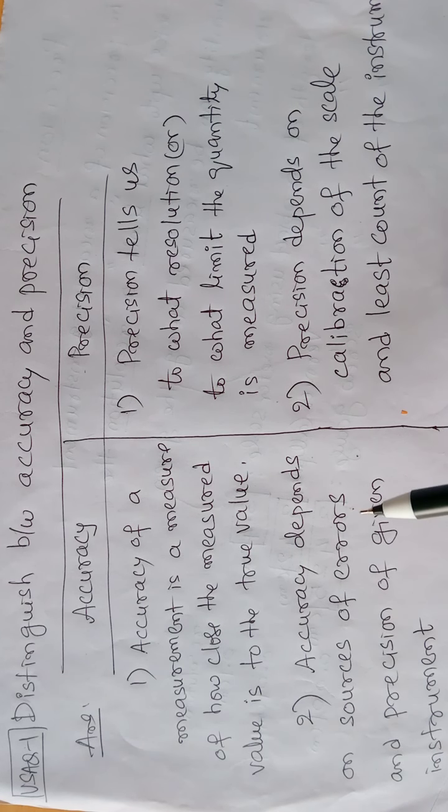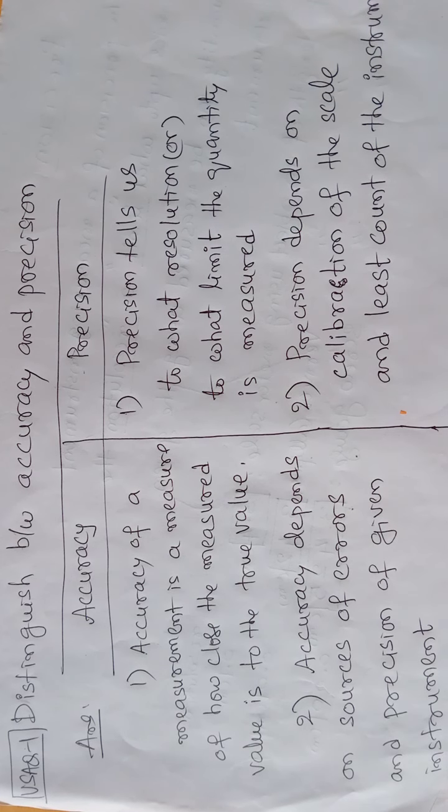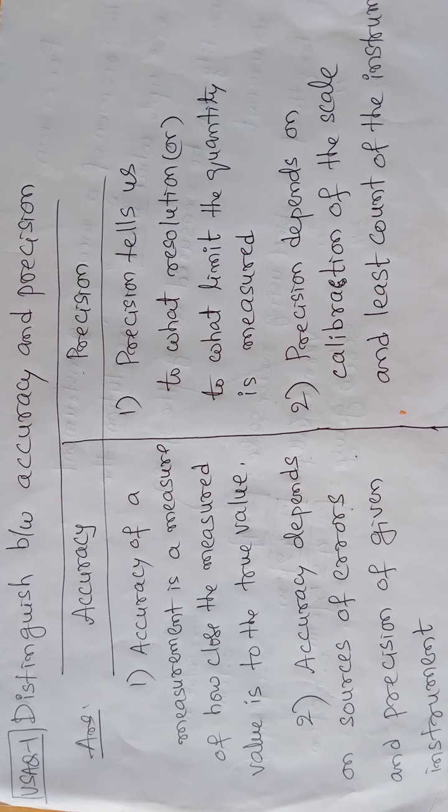Second, accuracy depends on sources of errors. See, if there are more sources of errors, then error will be more, accuracy will be less. And precision of a given instrument depends upon the instrument itself.